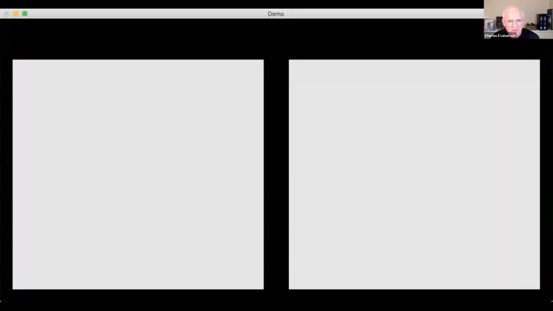I need to go back to Zoom. How do I get back to Zoom? And do share screen. There it is. Okay, so here are my two simulations here. I'm not quite sure why it blanked out there just as I did that. I hope everybody can see that.